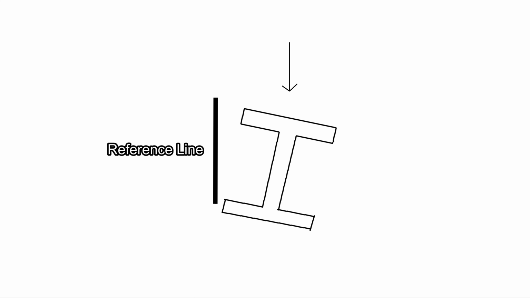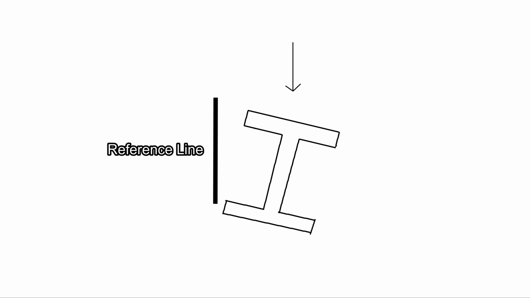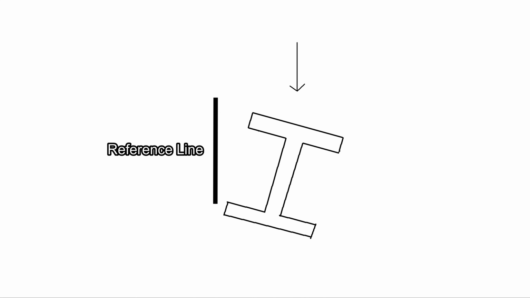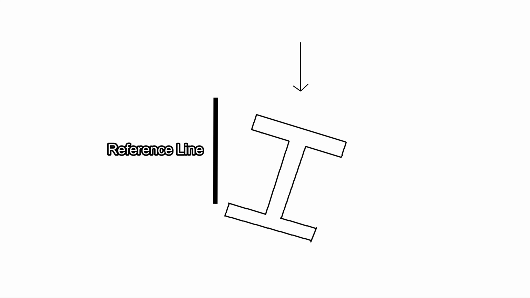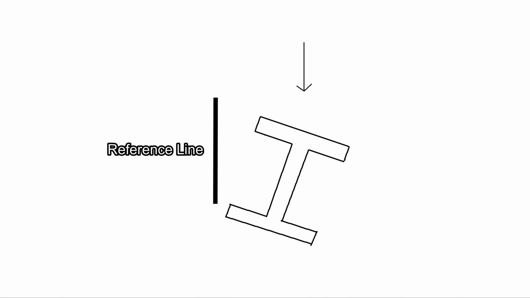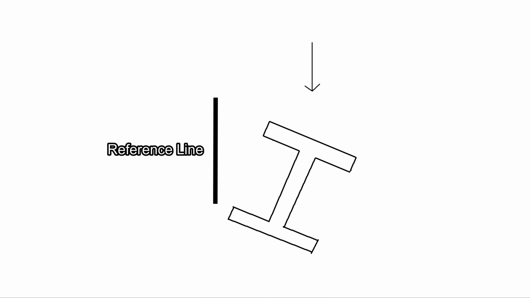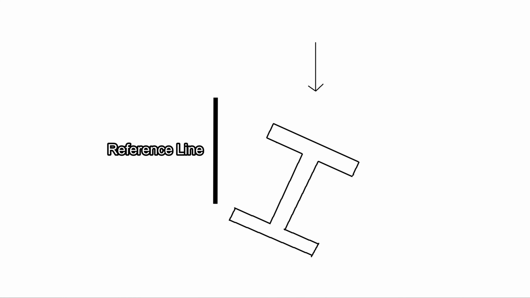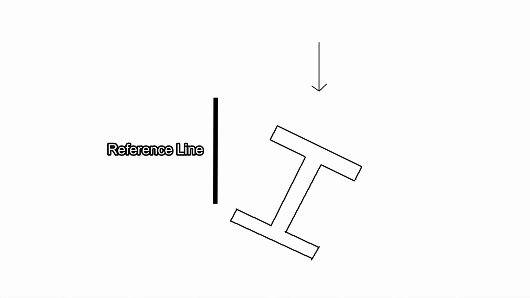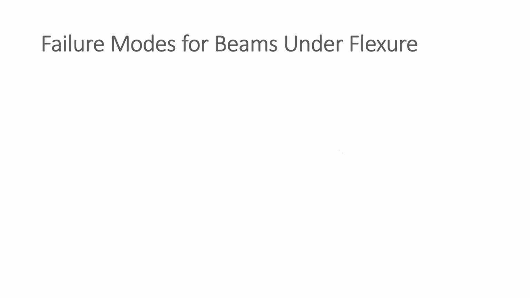As the beam twists, this eccentricity becomes more and more severe. This would continue until finally the beam would buckle about its minor axis, because as the beam twists, more and more of the bending moment is being resisted by its minor axis instead of its major axis.